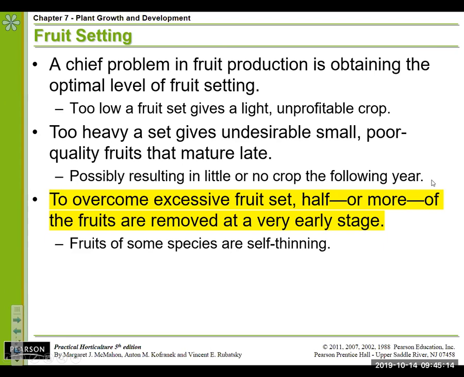Some plants are self-thinning, and you'll see that a lot of times, like in peach orchards. They produce a lot more flowers and fruits than they need, but then they end up aborting, sometimes up to half of them, and drop them. So self-thinning is actually a desirable trait to look at in some varieties, because it means the fruit that is remaining is going to be larger.